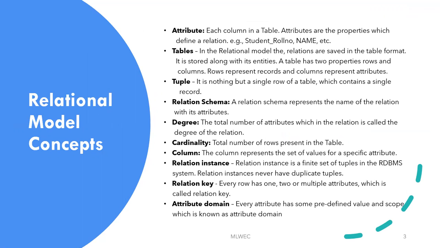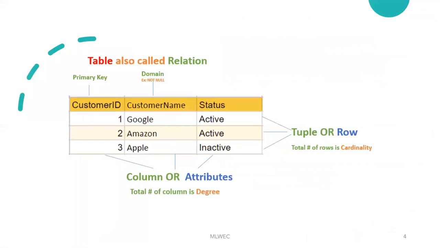And relation key. Every row has one, two or multiple attributes which identify it, called a relation key. For example, from this picture, customer ID. Taking the first tuple, 1 Google active, I am taking 1 as the relation key, or the customer name Google.